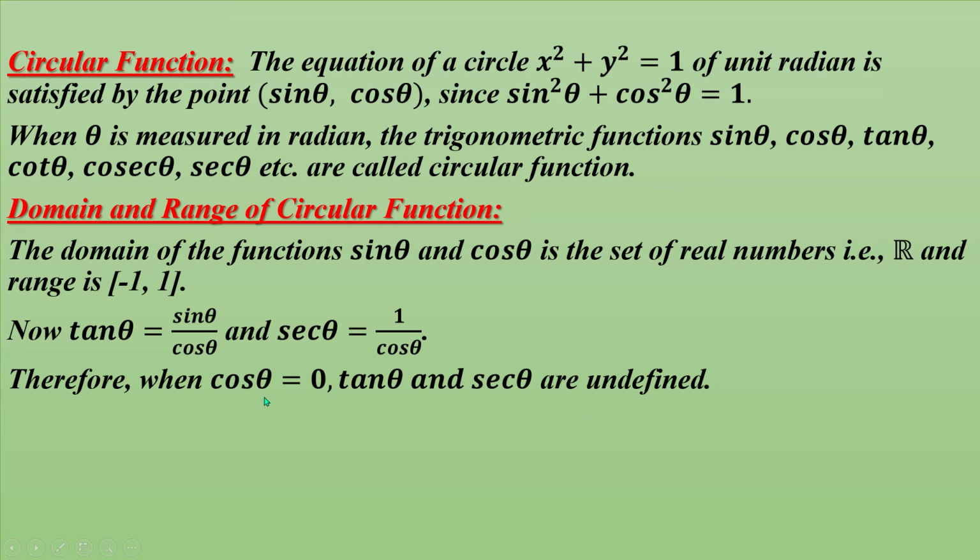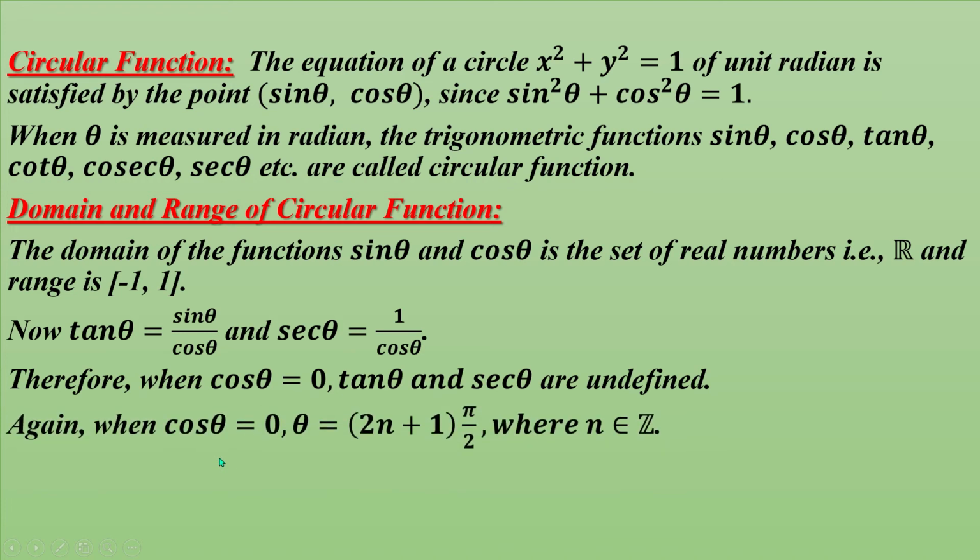But when cos theta is equal to 0, that means tan theta and sec theta are undefined, and we know a relation: cos theta equal to 0, theta is equal to (2n plus 1) into pi by 2, where n belongs to integers.